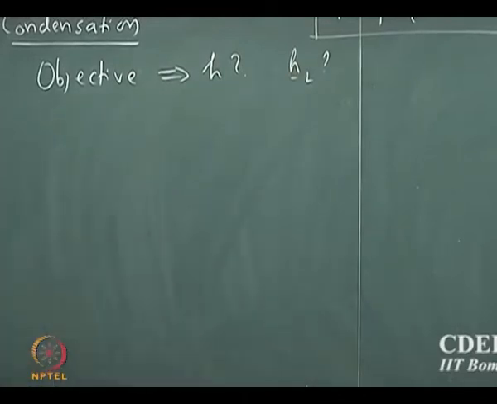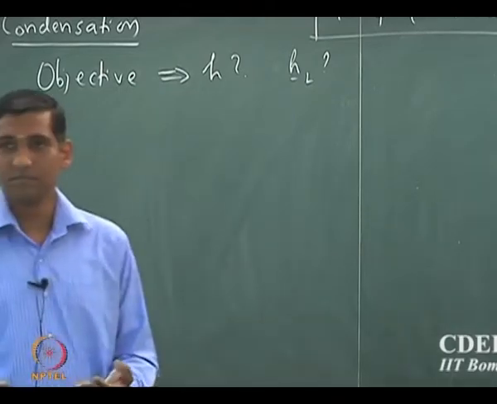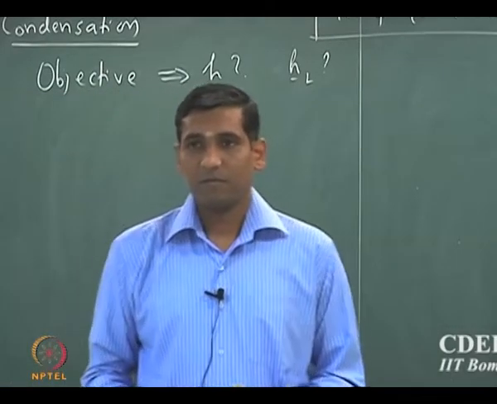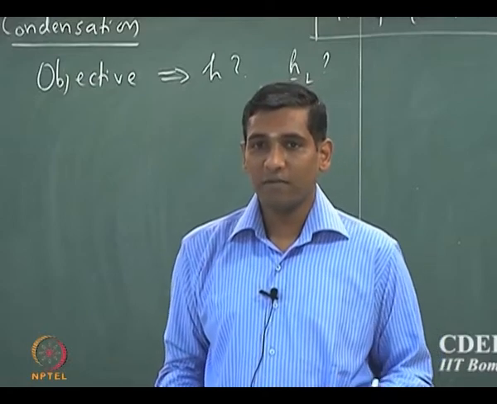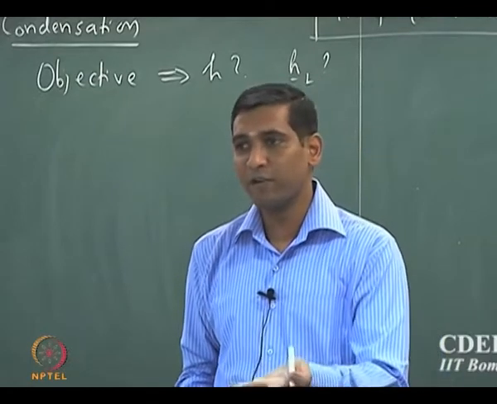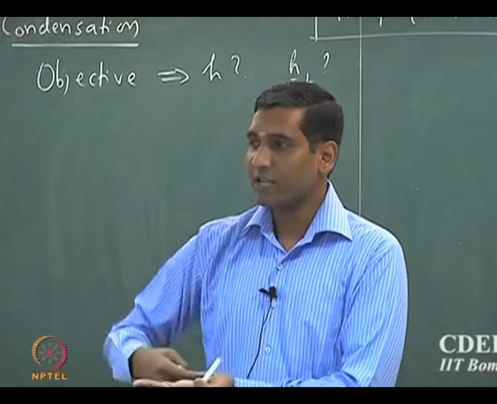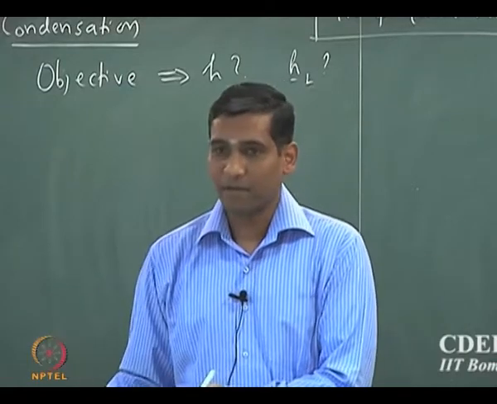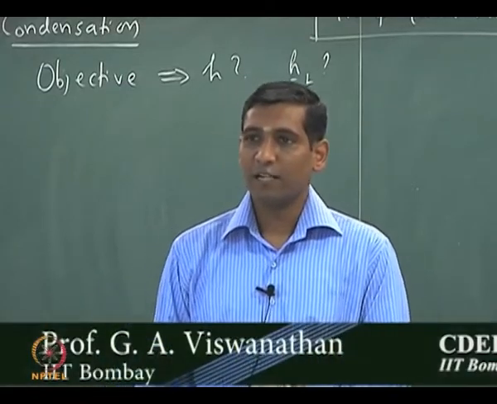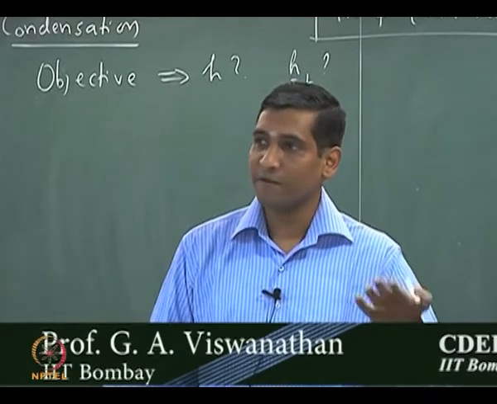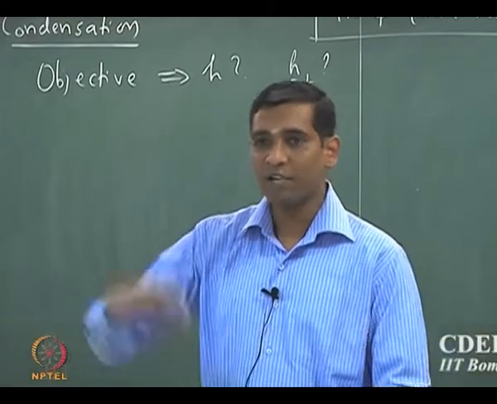Okay. So, what happens during condensation? We looked at boiling, where heat is supplied to the fluid and the fluid is converted from the liquid to the vapor phase. So, there is a phase change that is occurring because of heat transport from the wall or a solid to the fluid.